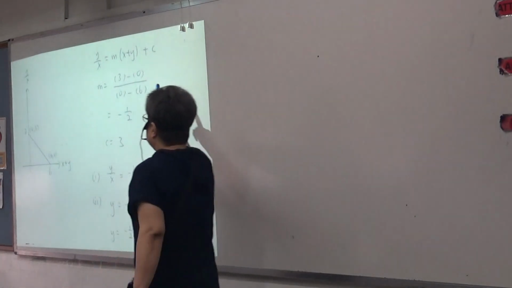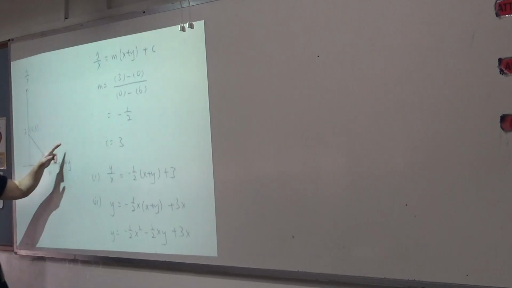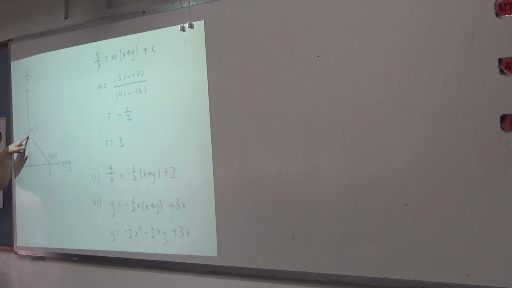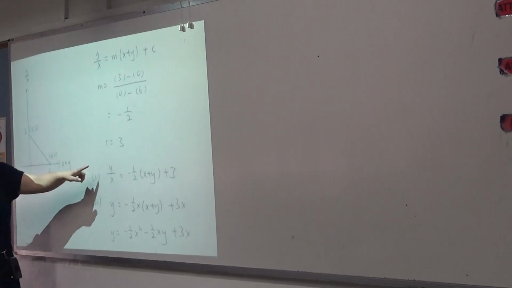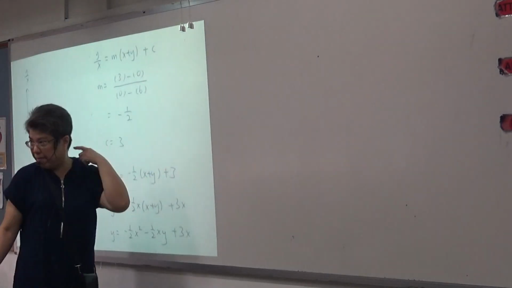Can someone tell me, is the bracket necessary? X plus y bracket. Yes, okay, now I find the gradient. Gradient is negative half. What's the y-intercept? 3. So I will get y over x equals to negative half x plus y plus 3, right?